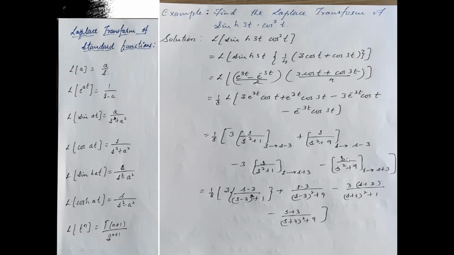Then the last term, s is again replaced by s plus 3, and s square is replaced by s plus 3 its square, then plus 9. This is the Laplace transform of sinh 3t into cos cube t.